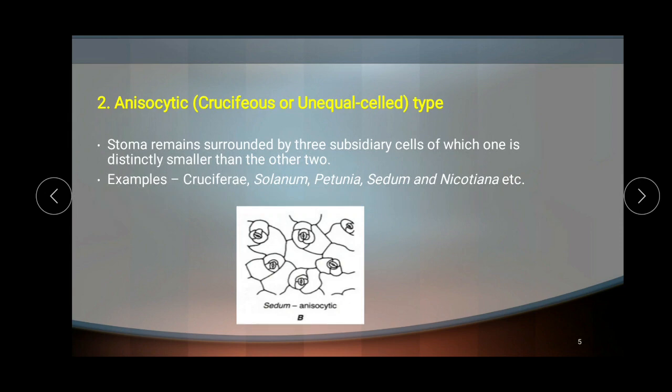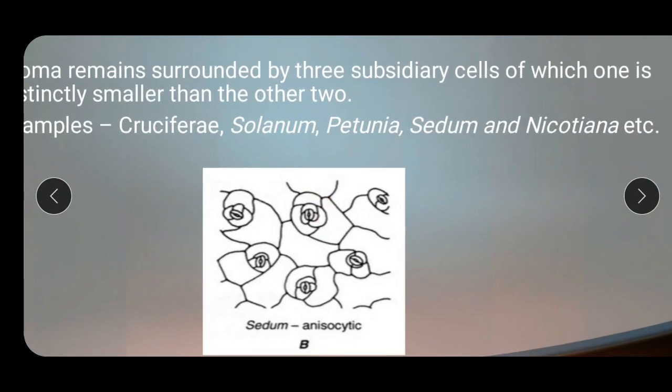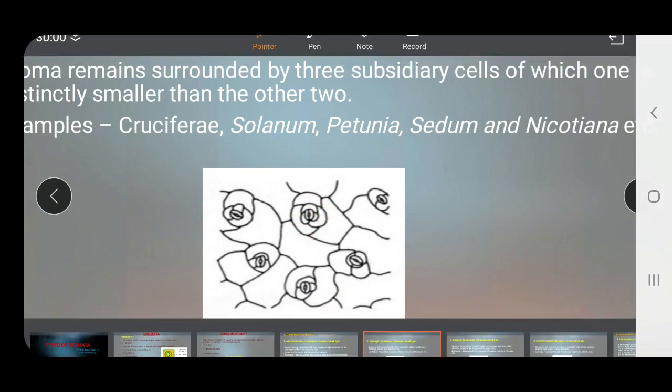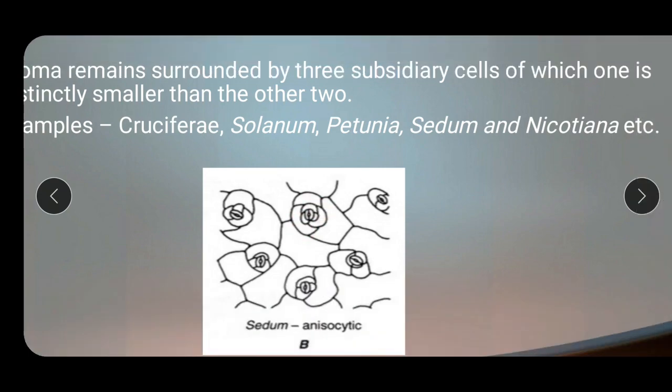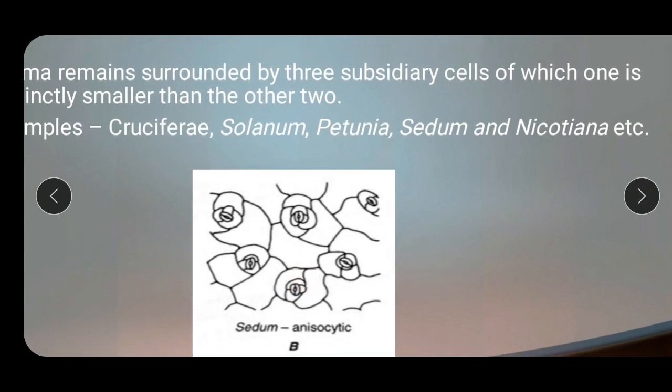In this diagram, you can see the two subsidiary cells are larger and the one subsidiary cell is smaller. Here also you can see the two subsidiary cells are larger in size and the one subsidiary cell is smaller.